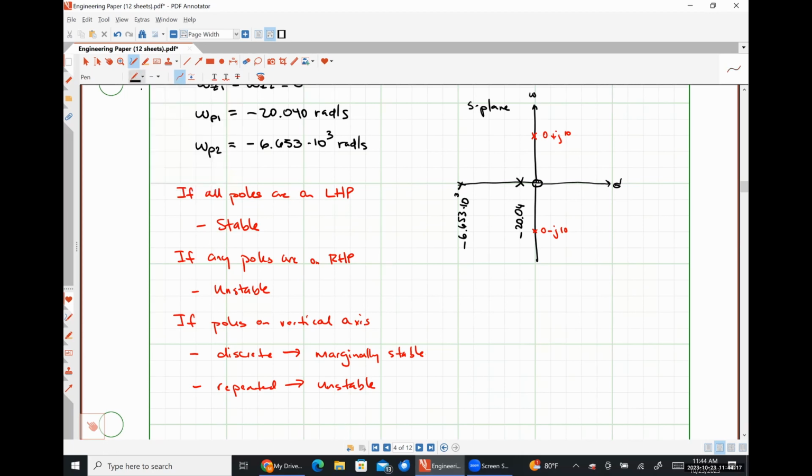So at present, we have a transfer function that is of the form K times, in this case, s squared over s plus 20.04 times s plus 6.53 times 10 to the 3.